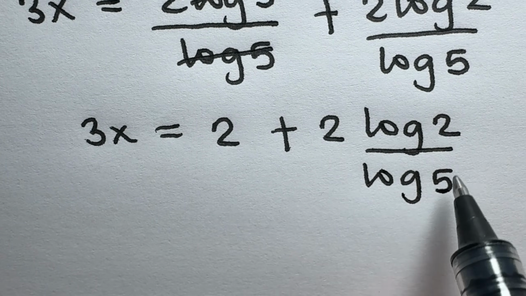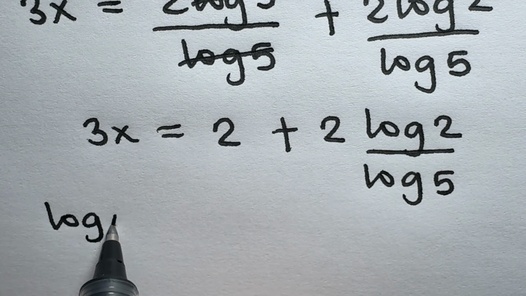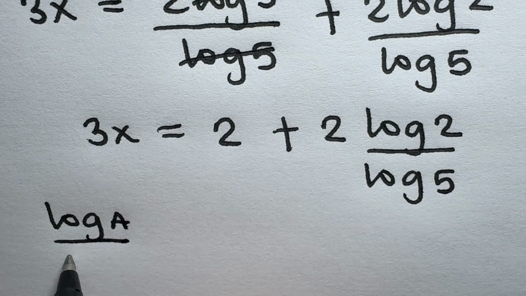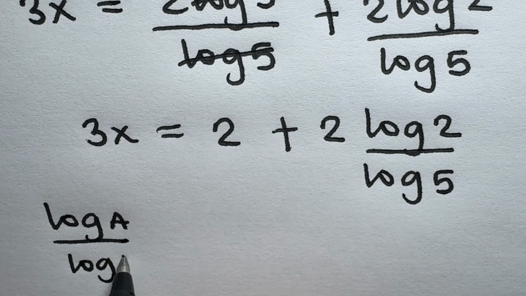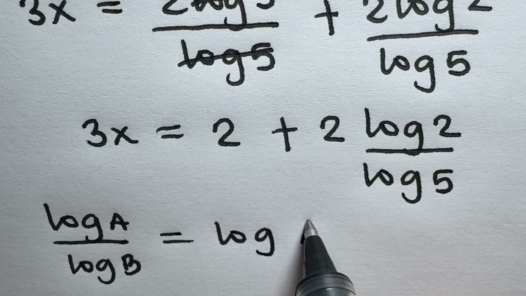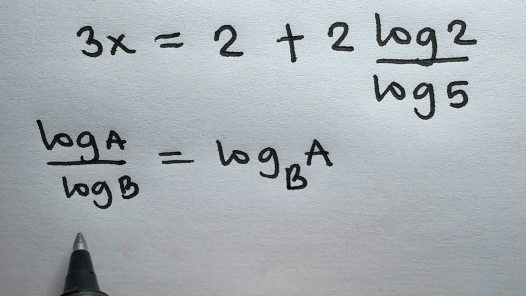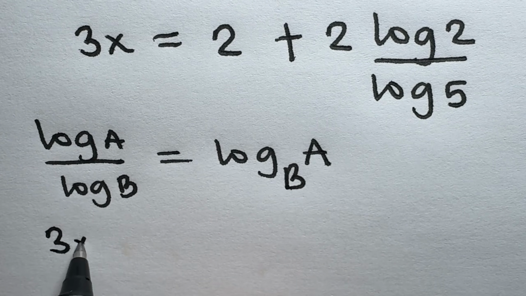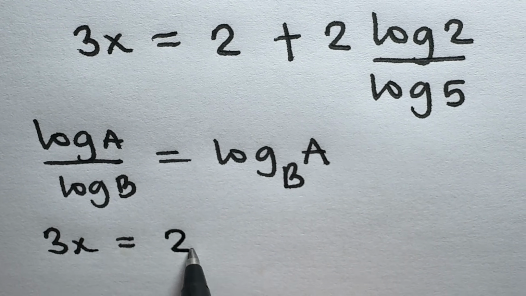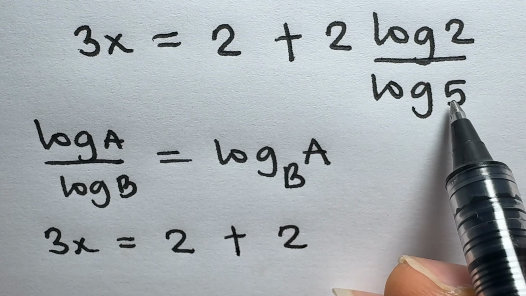Let us work on this expression. By law of logarithm, log a divided by log b will give us log a base b. Therefore, 3x will give us 2 plus 2, this will now be log 2 base 5.